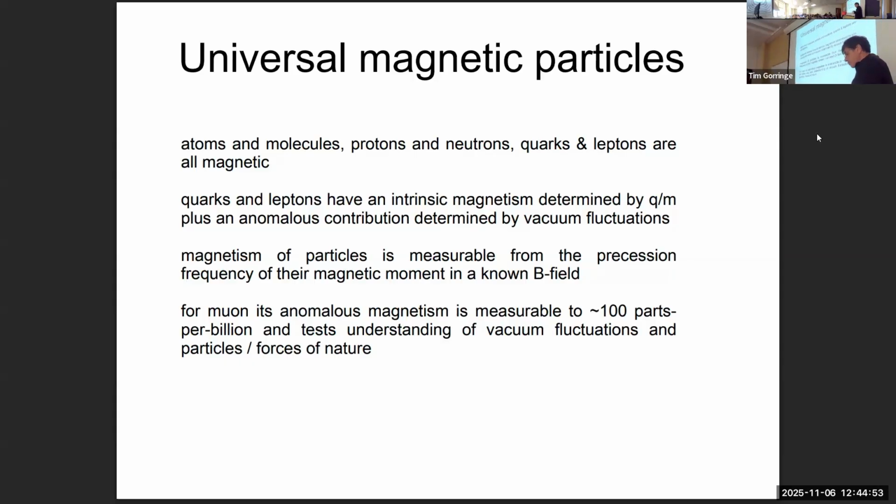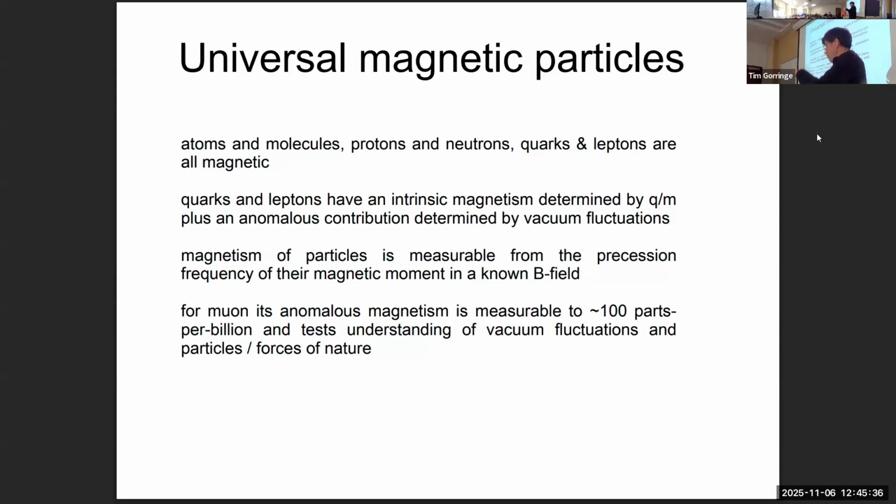In addition, we now know that the vacuum is not completely empty. The vacuum is teeming with particles and antiparticles that are being constantly created and destroyed. If you were to look in the vacuum, you'd see positrons and electrons appearing and disappearing. You see quarks and antiquarks appearing and disappearing. In fact, you see all the flavors of particles in nature appearing and disappearing within the vacuum. That boiling away of the vacuum also contributes to the magnetism of the elementary particles.